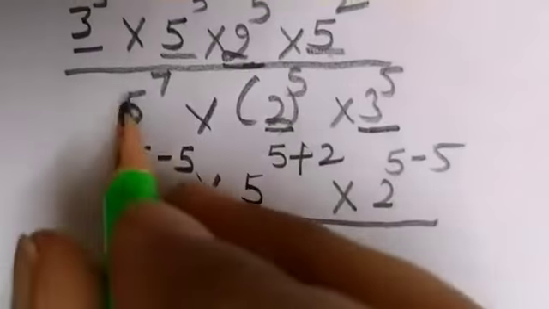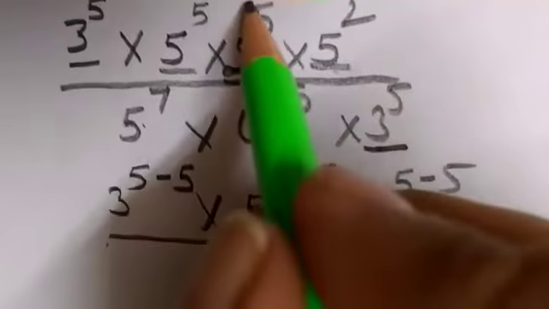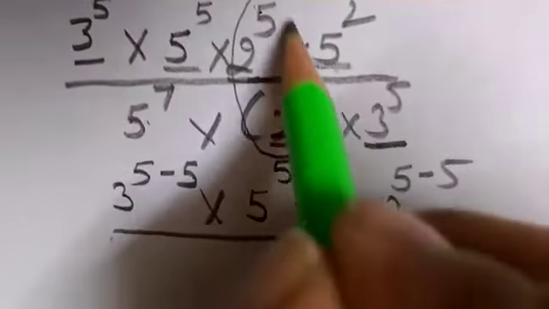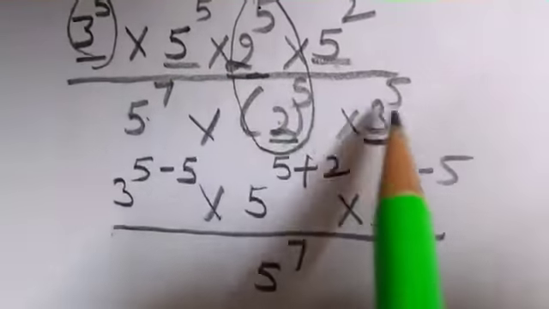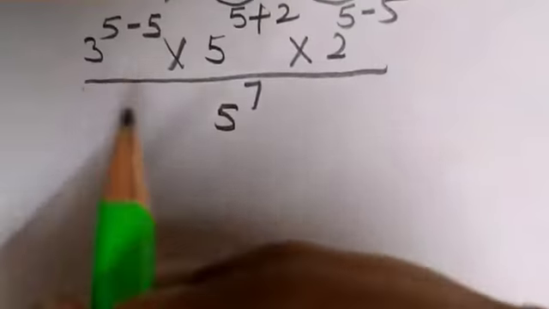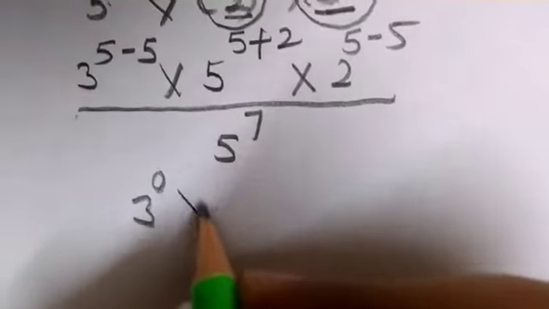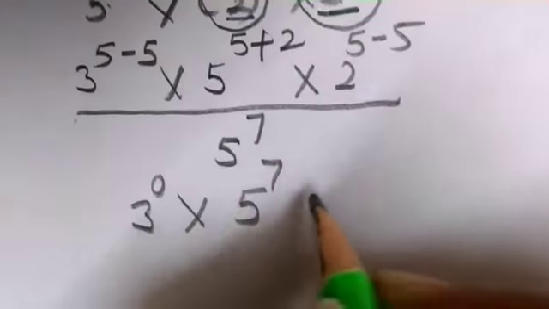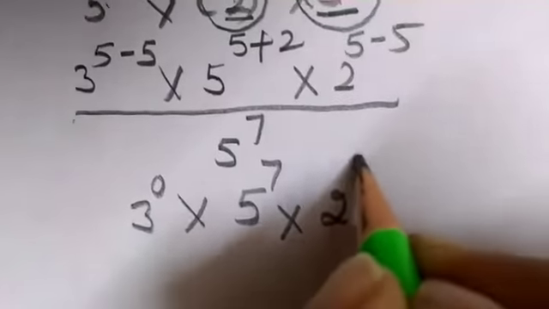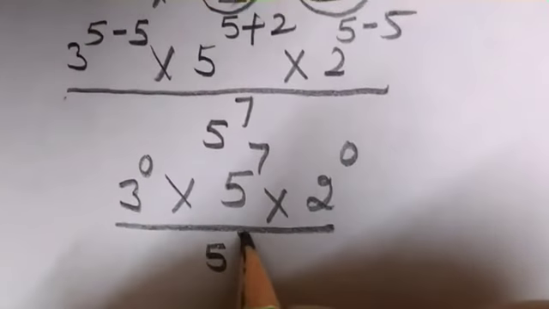In denominator we have only 5 raised to the power 7, क्योंकि both are subtracted and these are also subtracted in division case. Base same है. Next 3 raised to the power 5 minus 5, 3 raised to the power 0, 5 raised to the power 7, 2 raised to the power 0, and denominator we have 5 raised to the power 7.